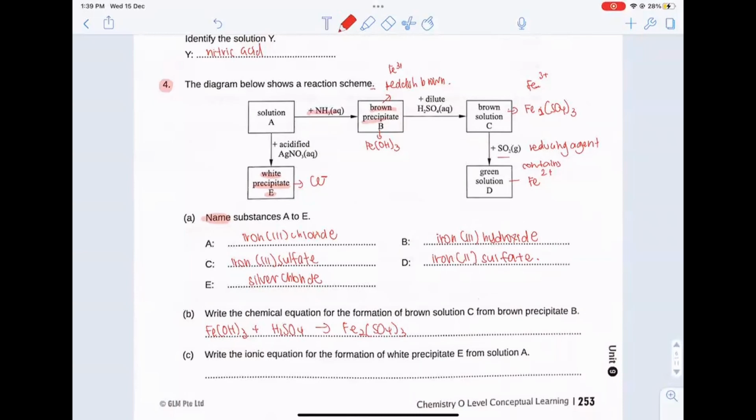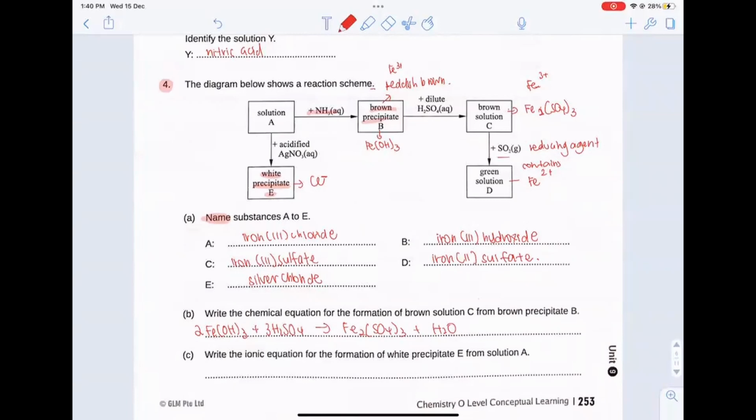Okay, what else? So Fe(OH)3, this is a hydroxide, so it's a base, plus H2SO4 is an acid, so it's neutralization. Therefore, I will also have H2O. So now I just need to balance this. I have 2 Fe on the right, so I need times 2 on the left. And then I have 3 SO4 on the right, so I need to times 3 on the left.